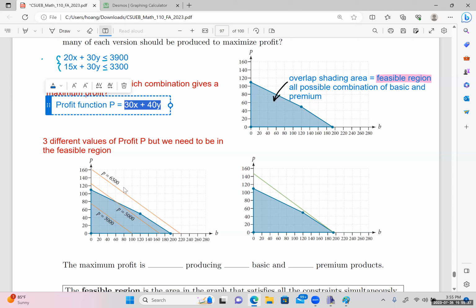However, this line is not in the feasible region.